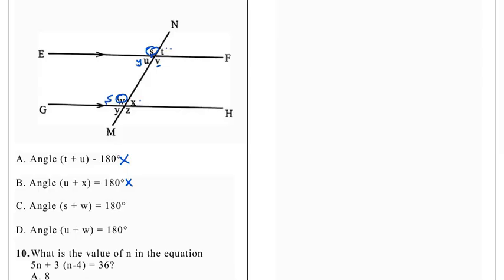Let's check. So S and W is equal to 180 degrees. Then we have angle U plus W is equal to 180 degrees. So this is wrong. This is right. W plus U, co-interior angles, add up to 180 degrees.